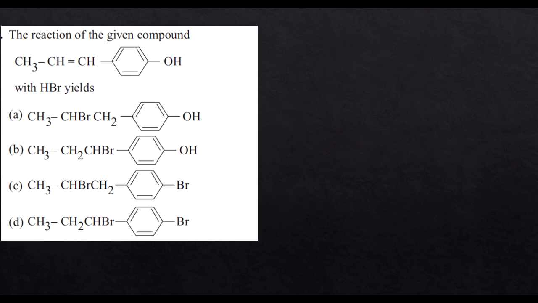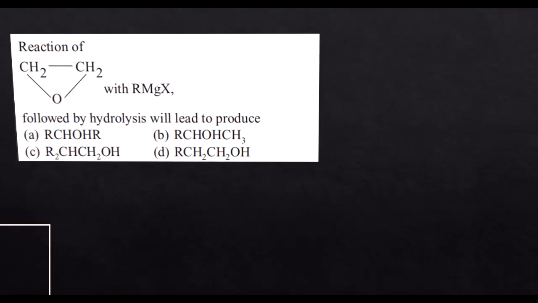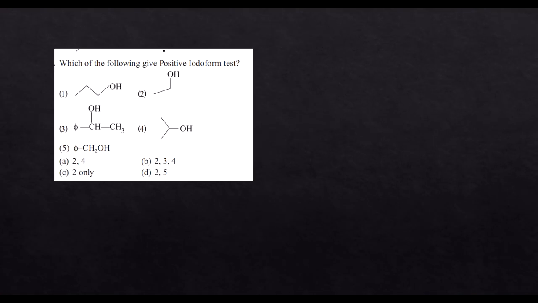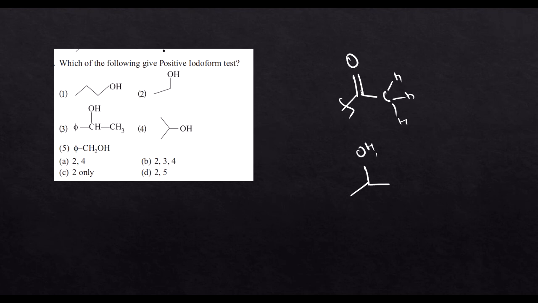Going towards the next question, we have: which of the following have a positive iodoform test? This one is quite a direct question because in case of the iodoform reaction, we have to find out the group where a keto group is present with its alpha hydrogen. Then that can be an iodoform positive compound, or a compound having OH and beside that CHOH, beside that a CH3 group present, that can also be iodoform positive.